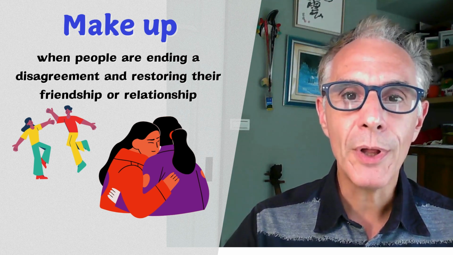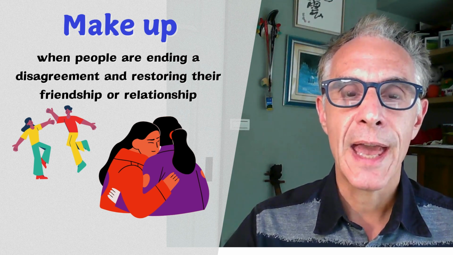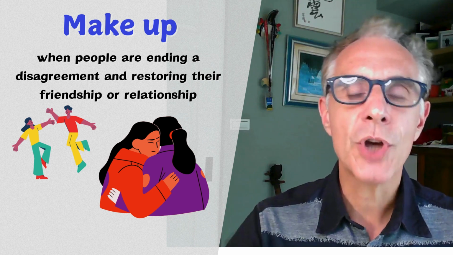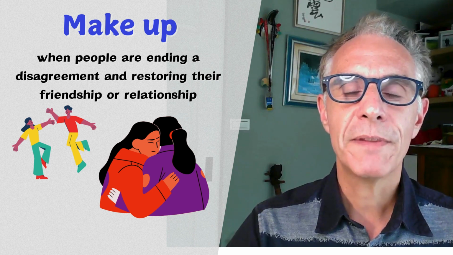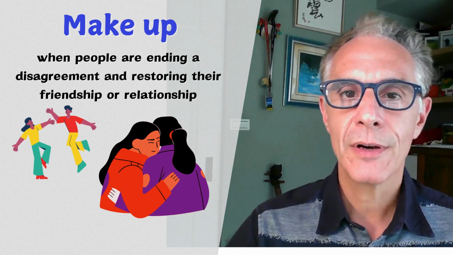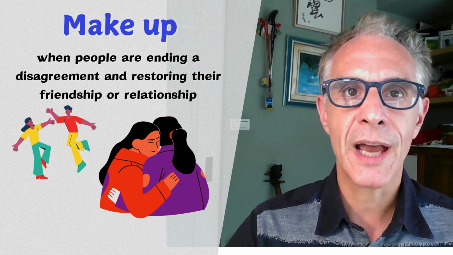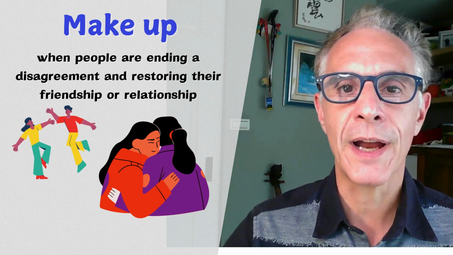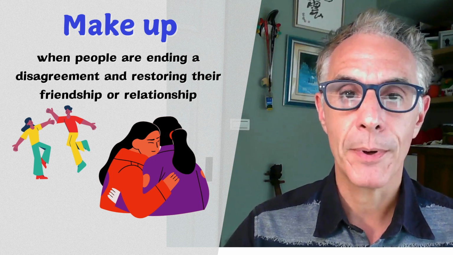Maybe a couple has an argument and they split up and they don't talk for a few days, but finally they come back together, talk it out, decide we don't need to be arguing and fighting, and make up.